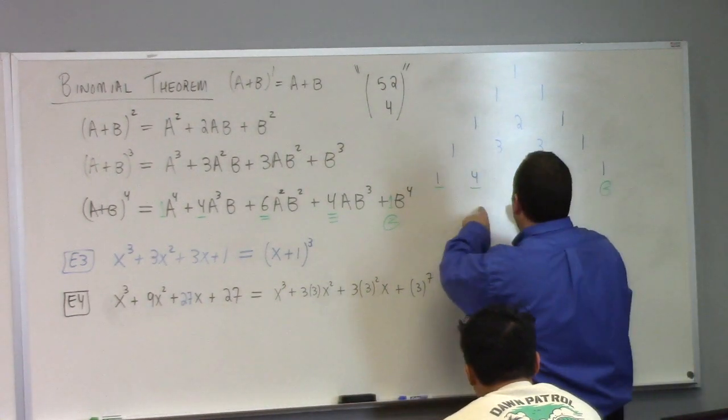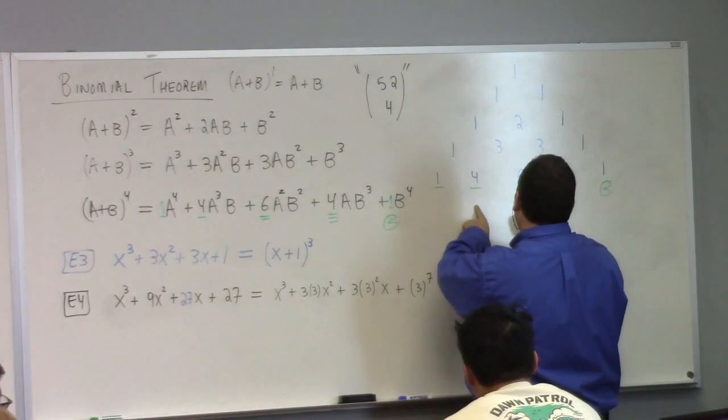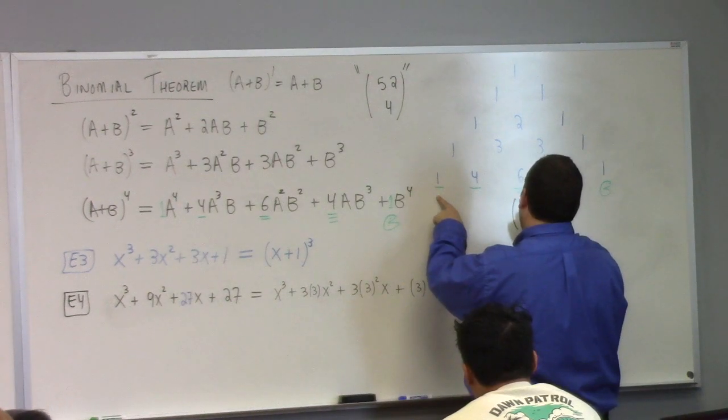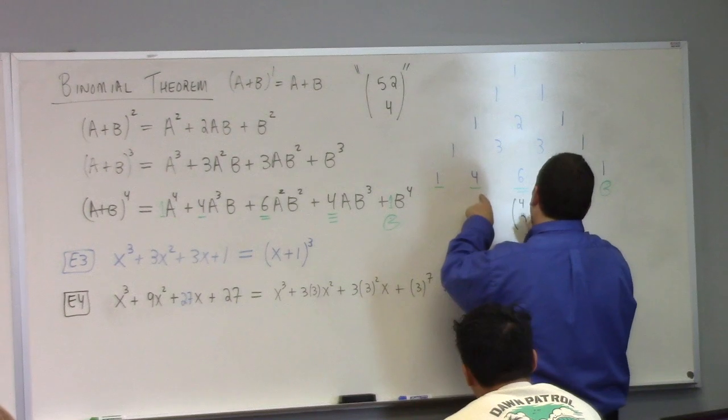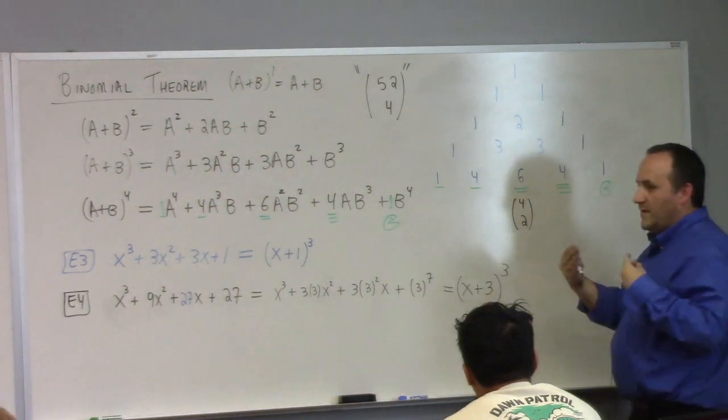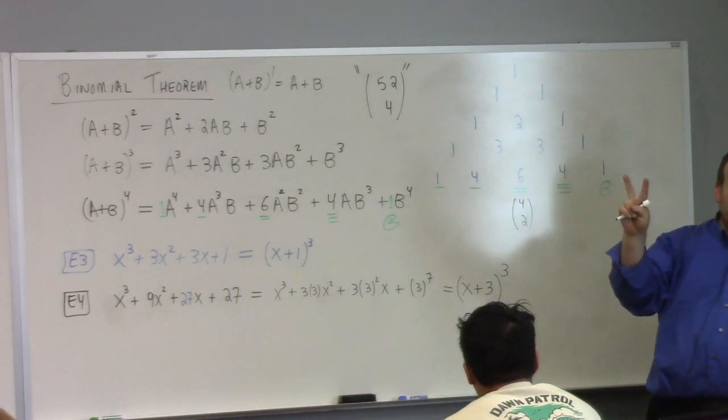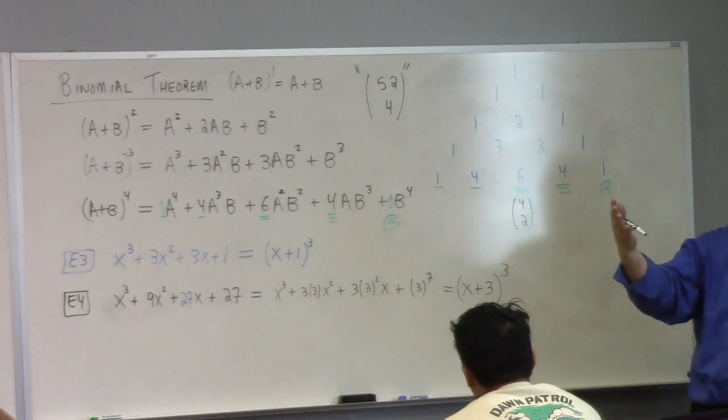So that is what these numbers mean. This 6 right here is actually 4 choose 2. If I have 4 objects and I'm choosing 2 from them, there are 6 distinct ways I can choose.